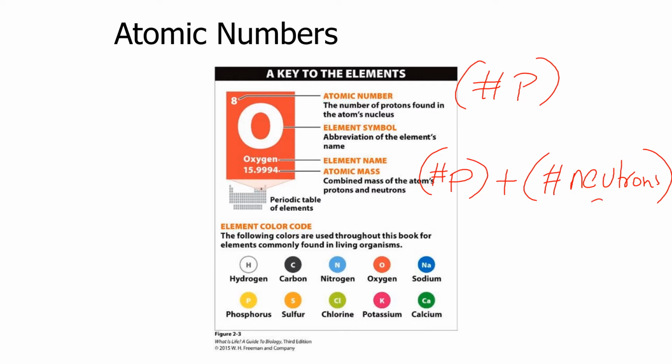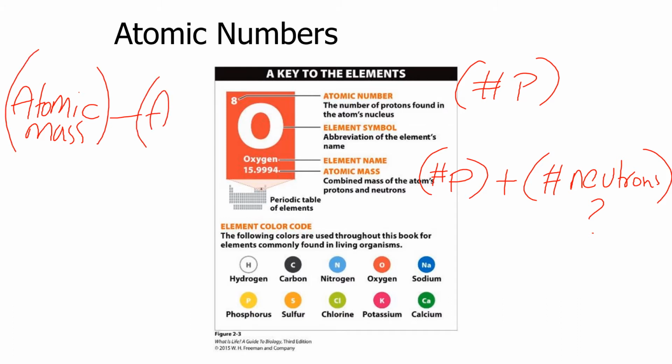So if I want to figure out how many neutrons I have, all I have to do is take my atomic mass and subtract my atomic number.